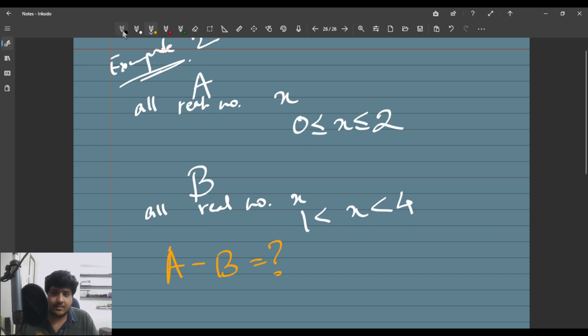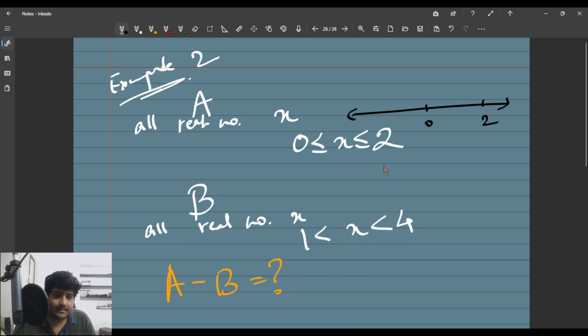So let me approach the problem geometrically. We'll try to understand, because as soon as we see real numbers and this inequality, it helps me to draw a real number line. I'll mark 0 and I'll mark 2. What is my set A? Well, what is this condition?